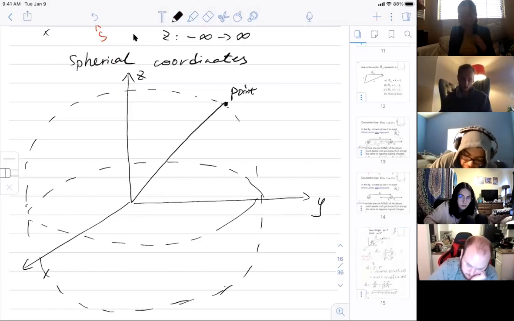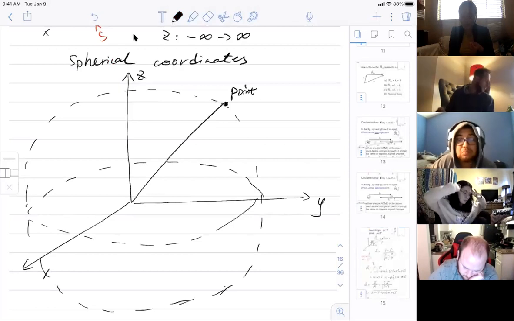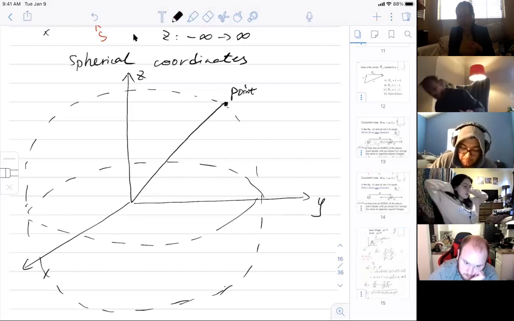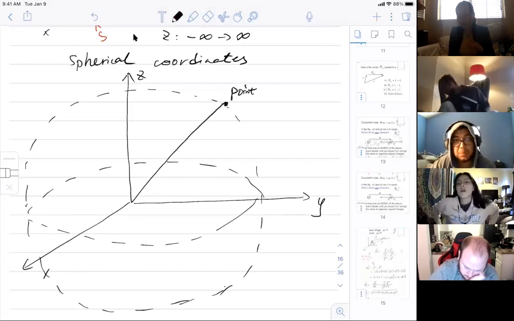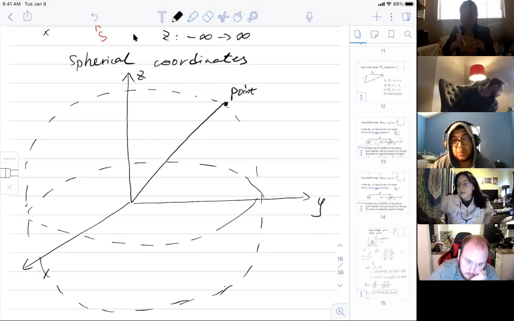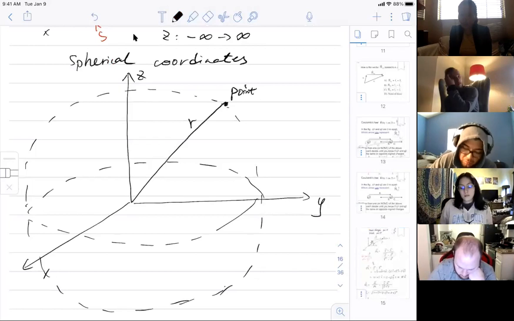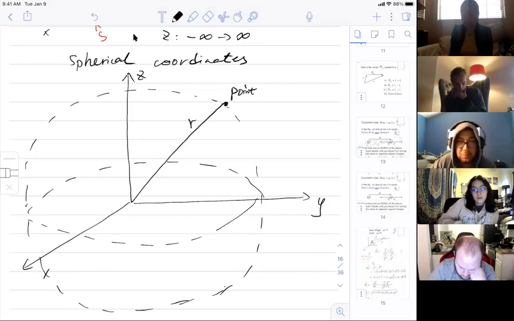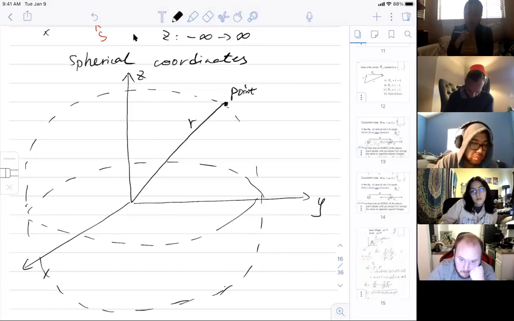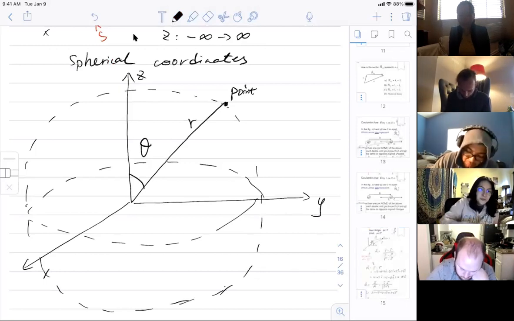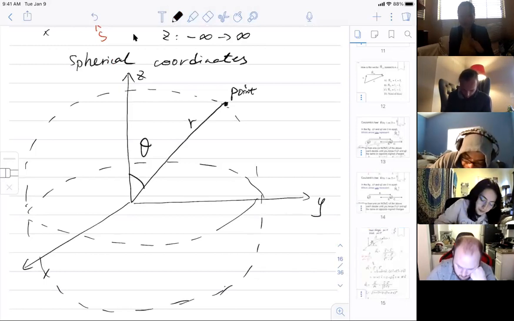Again, we will tell people the location of this point by using three variables. One is how far it is away from the center, how big your balloon is, that's R. Now you also tell people about the location of this point by telling how far it is away from the Z-axis, and that's theta. And there is a third variable to define this point.